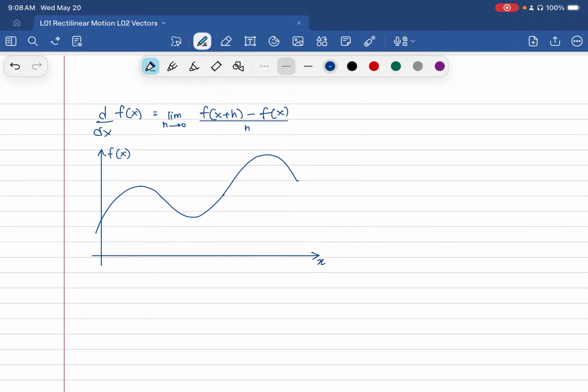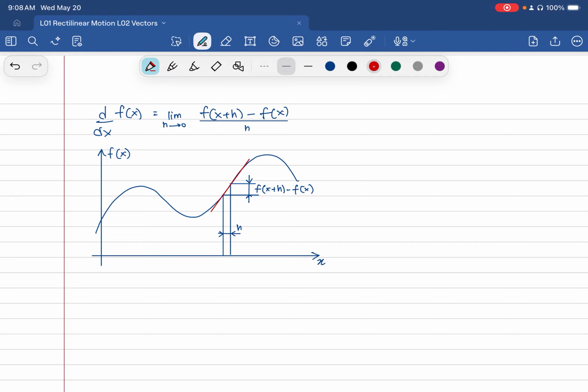So if this here is some position and you go a distance of h away from it, so let's say this here is h, this here would be f of some x plus h minus f of x, and that sets up a slope, right?